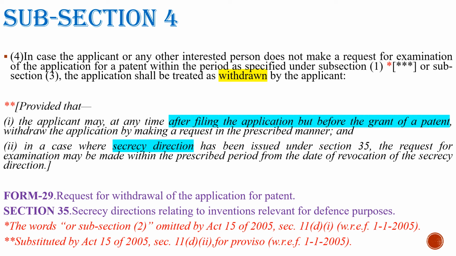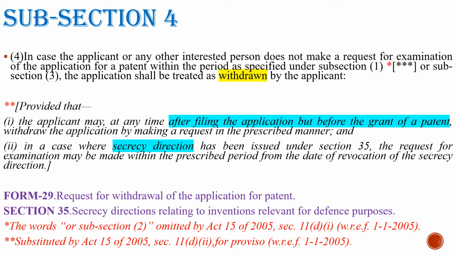So another thing I would like to tell you, friends, request for withdrawal of a patent application is actually made via form number 29. So we can say that form number 29, its relevant section is section 11B and the rules are rule 7 and rule number 26.